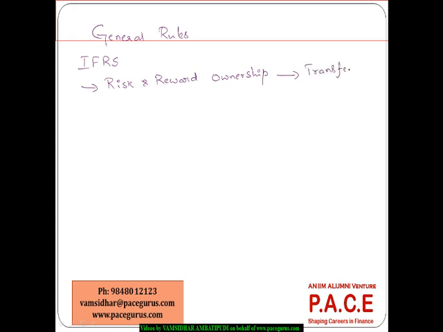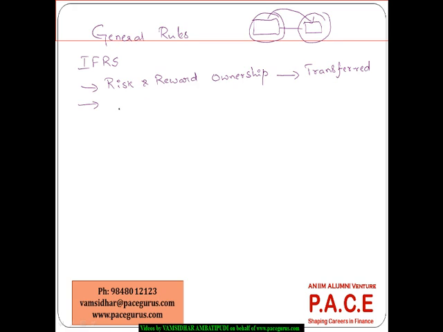Let's say a car manufacturing company has sold the car to the other party. So the risk and reward of anything that is going to happen to this particular car is now the responsibility of the person who has purchased it and not the company, then this company can very well recognize that amount as a revenue.